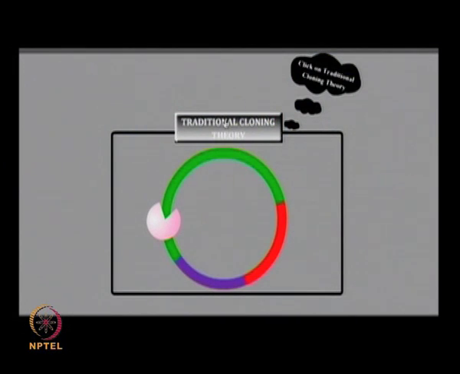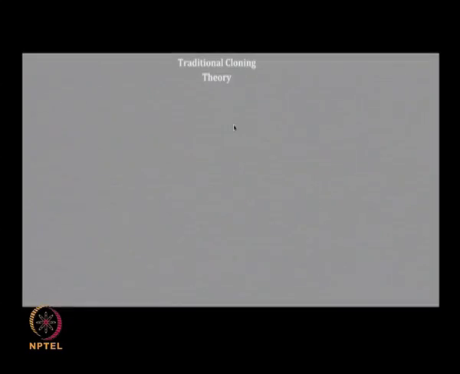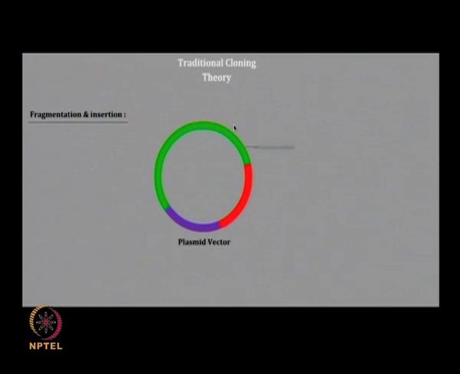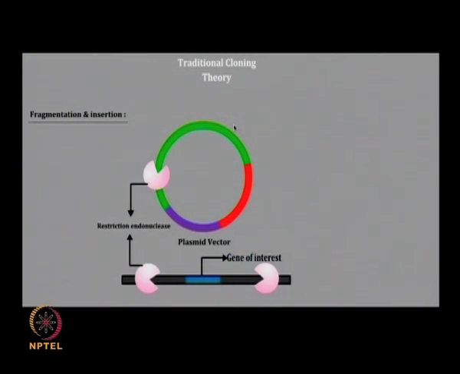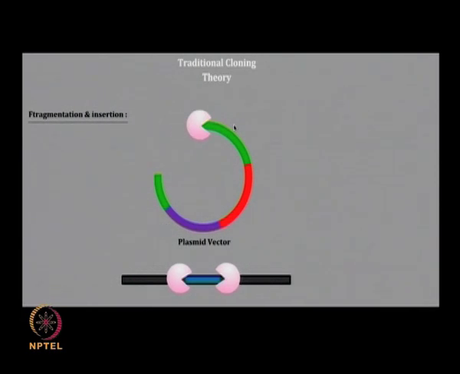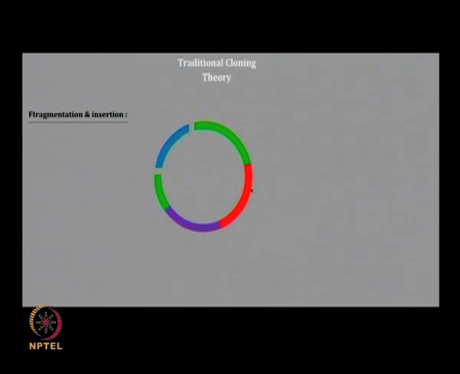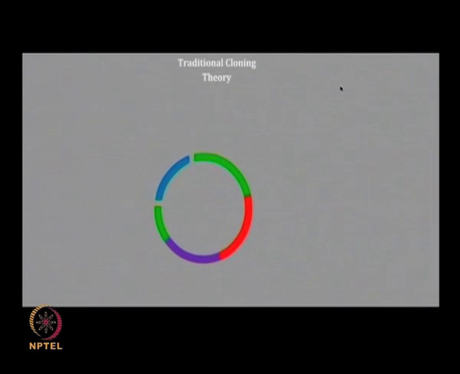Since we are discussing recombinational cloning, let us also briefly touch upon traditional cloning, so that it will be easier to compare traditional cloning versus recombinational cloning. The conventional cloning protocol makes use of a restriction enzyme that fragments the selected plasmid vector as well as the DNA sequence containing the gene of interest at the same recognition site.